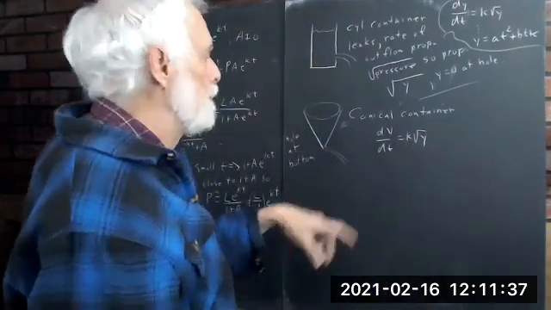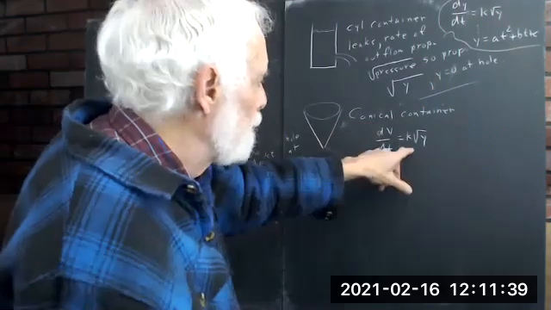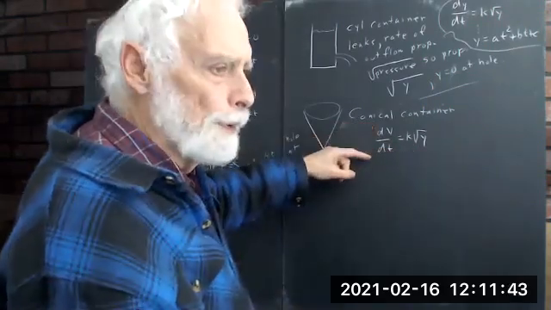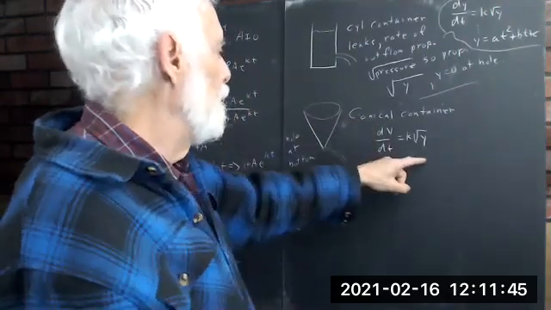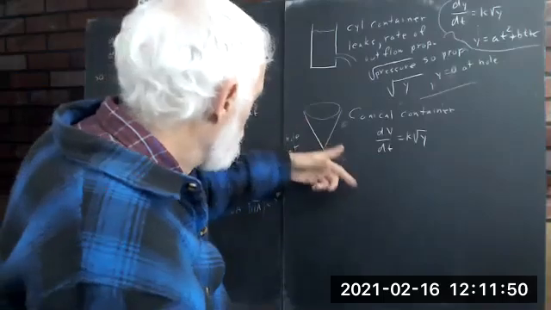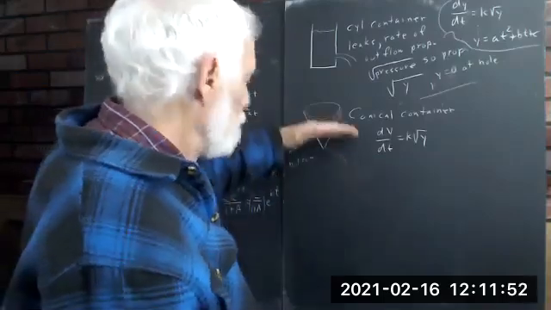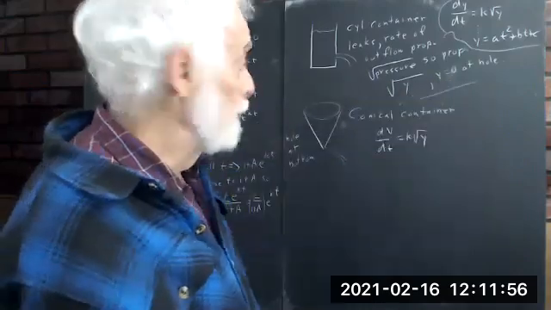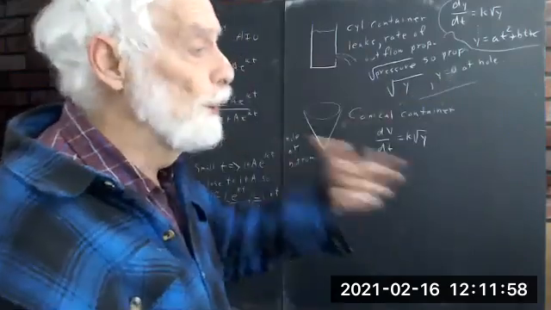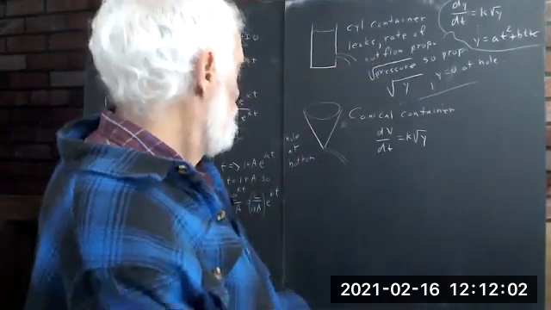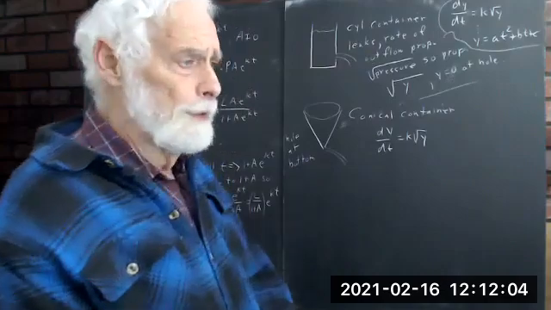Again, you have something proportional to the square root of y, because the rate at which fluid flows out of here depends only on how deep the water is, and you still have the same pressure relationship. Bernoulli's equation still holds, and you might want to review how it's an expression of the conservation of energy and so forth.